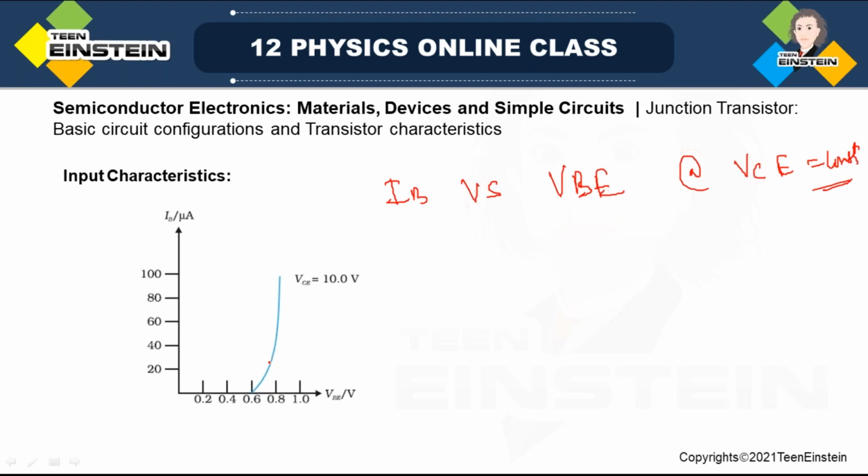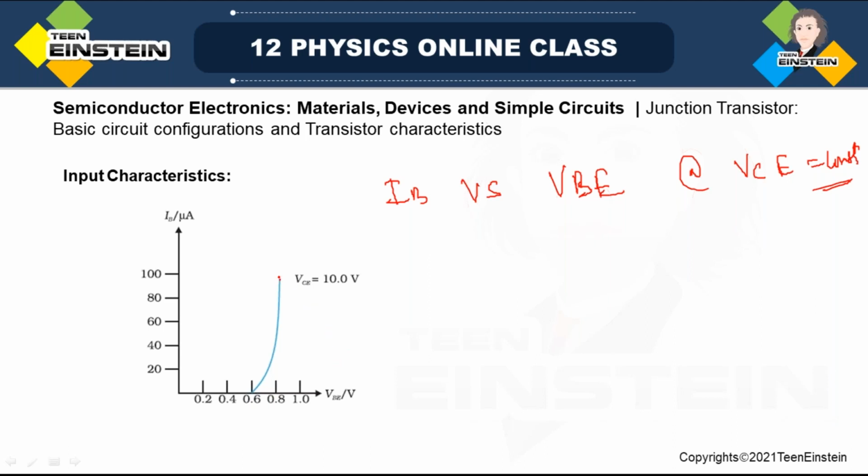and it has a characteristics similar to the forward bias PN junction diode. Below 0.6 or 0.7 there is negligible zero current, and when the voltage is increased beyond 0.6, then there will be increase in current, and if you further increase the voltage, then you get a linear increase, or proportionate increase, in the current with the voltage.